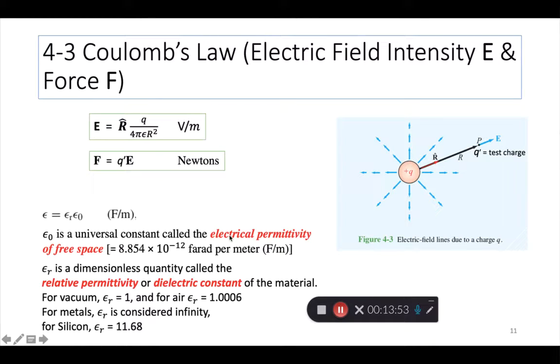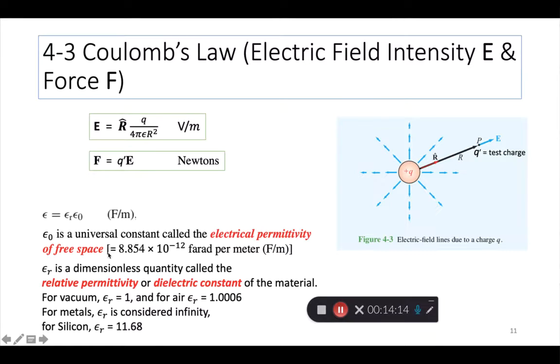Epsilon 0 is in air. Epsilon in any other media is written as epsilon equals epsilon r times epsilon 0, and epsilon r is called relative permittivity or dielectric constant, which you use in problems.